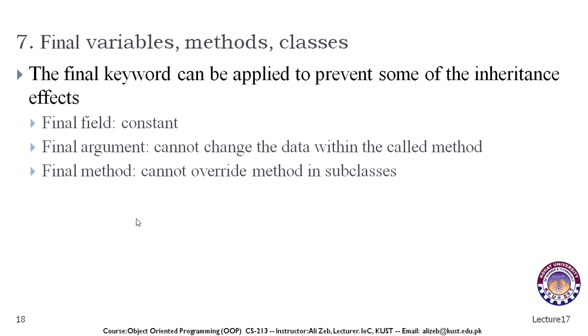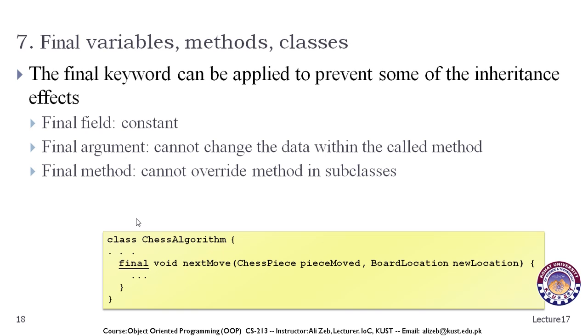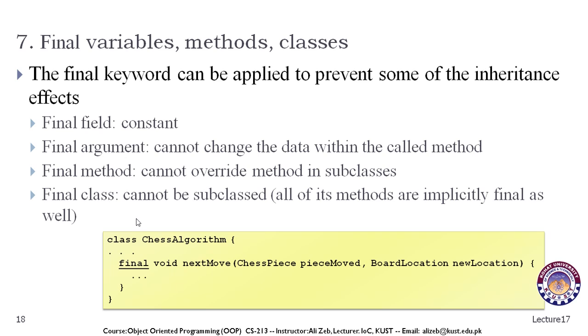So if we want to prevent a method from being overridden by the subclasses, you can declare that method as final. Let's say we have a method that has been declared as final. Now if a class inherits this class, then that class will not be able to override this method or re-implement this method. A final class cannot be subclassed.